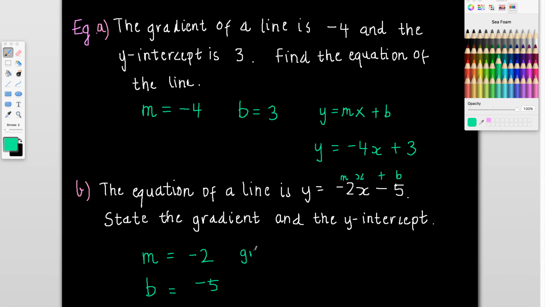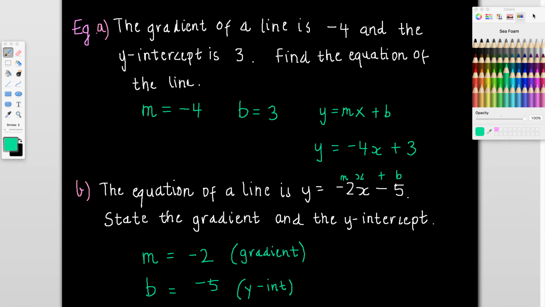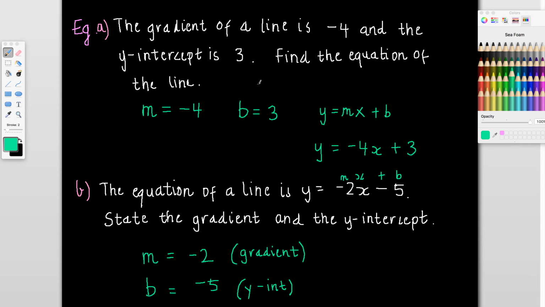I'll just clearly state what I mean: by m I'm referring to the gradient, and by b I'm referring to the y-intercept. Now, we're going to make more use of this form shortly, so we're not finished with it just yet.